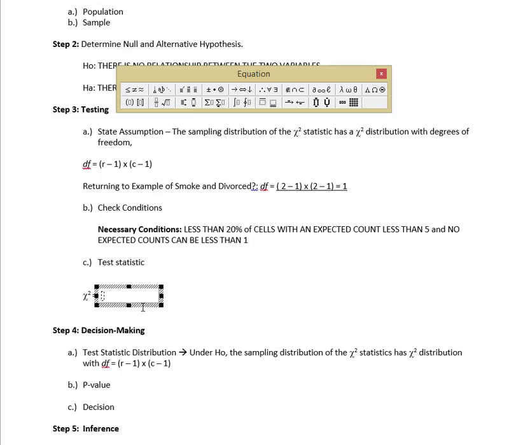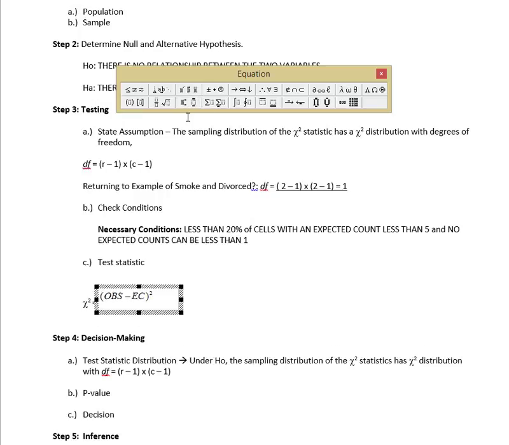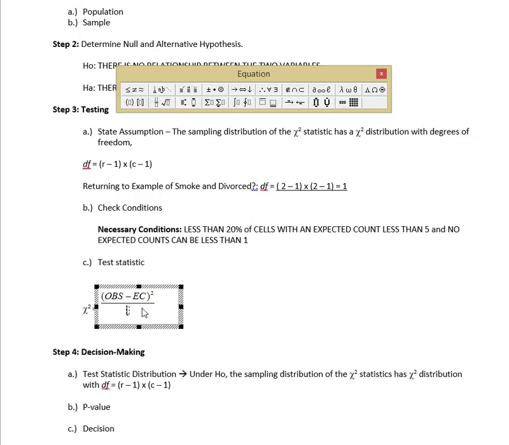To calculate your chi-squared test statistic, you are going to compare observed and expected counts for each cell. You will start by taking the observed count and subtracting from that the expected count. You will then square that difference, and then you will divide this value by the corresponding expected count.